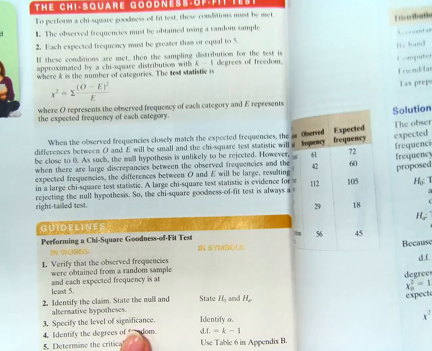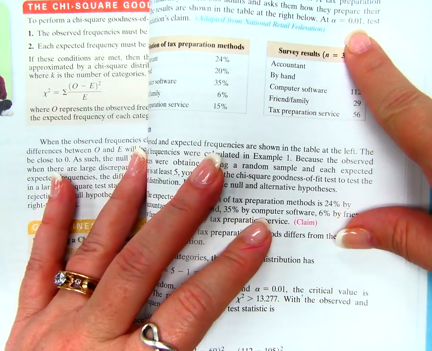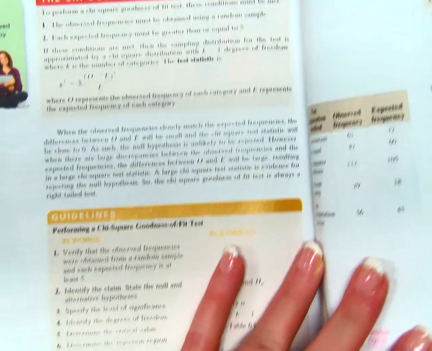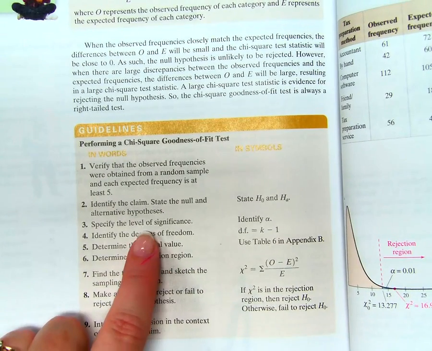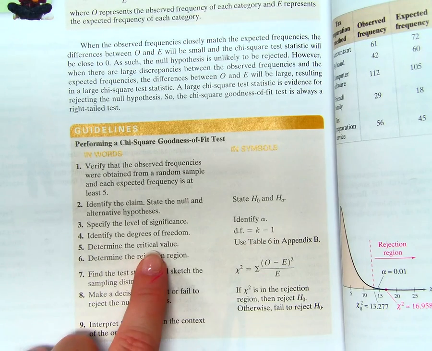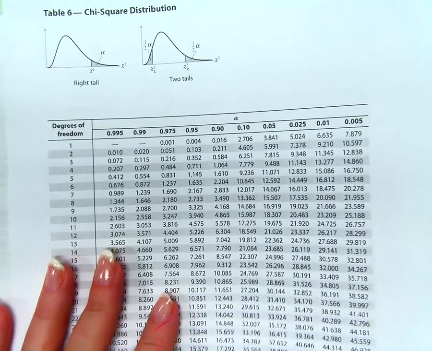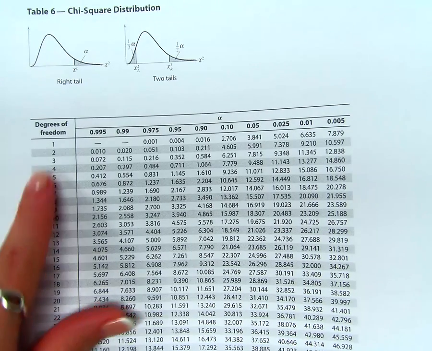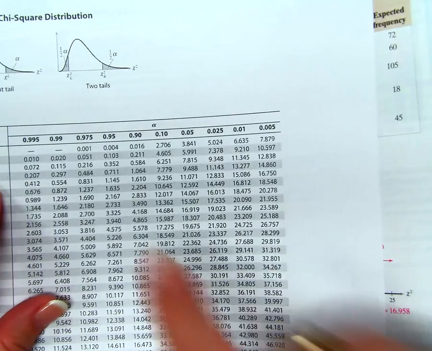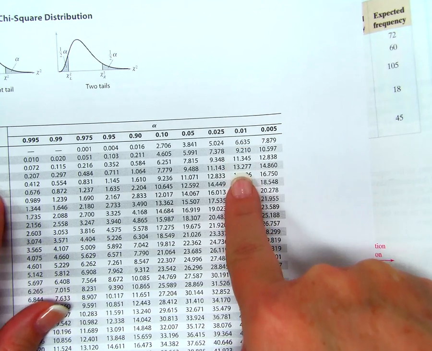Specify the level of significance that was given in the problem right there, 0.01 or 1%. Identify the degree of freedom. We already figured out that was 4. Determine the critical value. So on the chi-square table I just gave you, our degree of freedom was 4, and we're looking for 0.01.